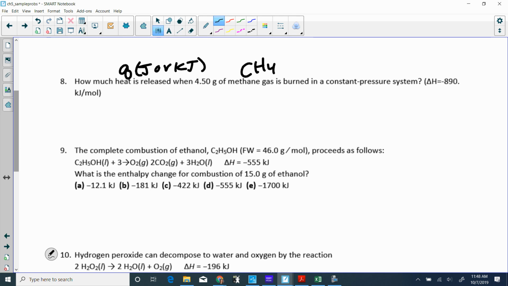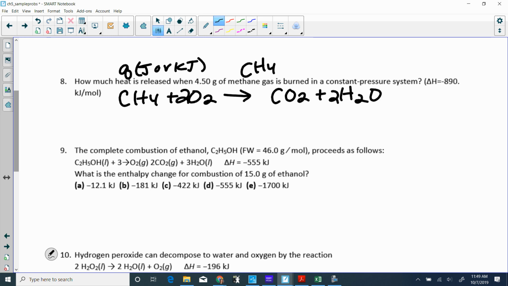That we're not going to the moon, we're not going below the water. You have to be able to write a combustion reaction. A combustion reaction means it's going to react with oxygen, and it always produces carbon dioxide and water. Balance our equation. So we start with what we know, 4.50 grams over 1.